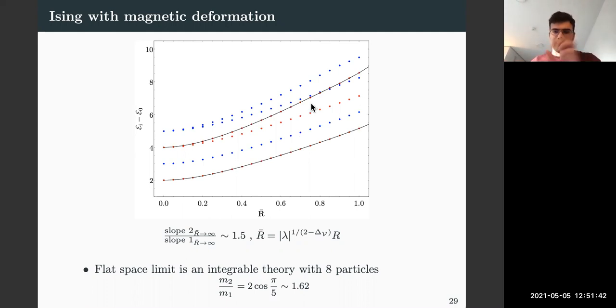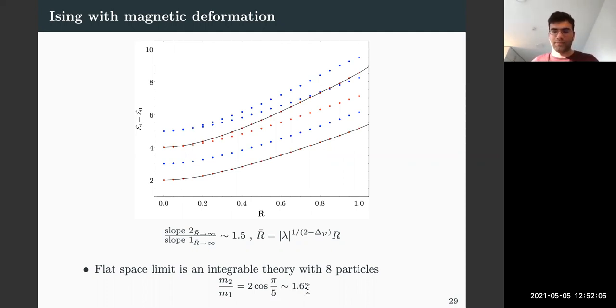But this plot itself, we can trust. The flat space limit is an integrable theory with 8 particles, 3 of them below the 2-particle continuum. The ratio of the masses of the second and first particle is approximately 1.62.